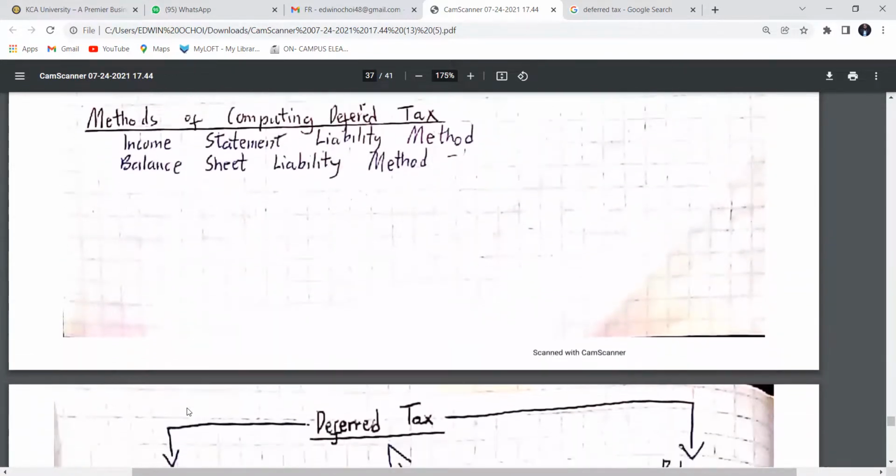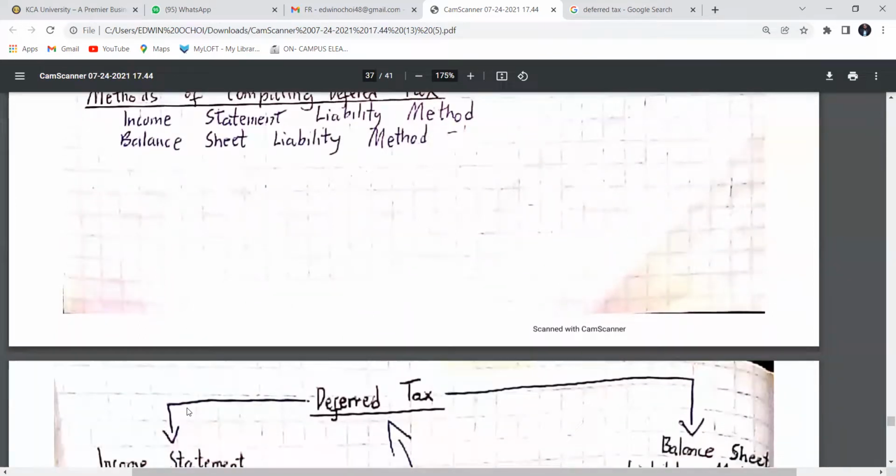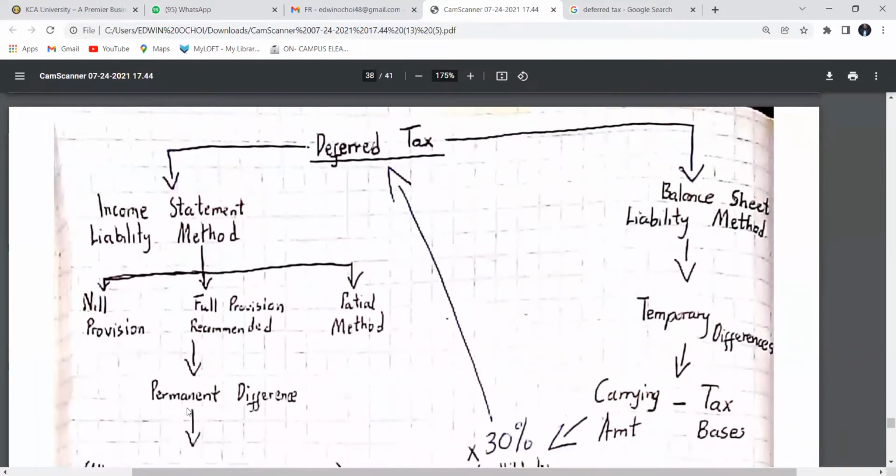So we have methods, of which I said there is the income statement liability method and the balance sheet liability method. For the income statement liability method, we have three methods under that, but you can never be asked to use it. The balance sheet liability method is the one which is recommended.